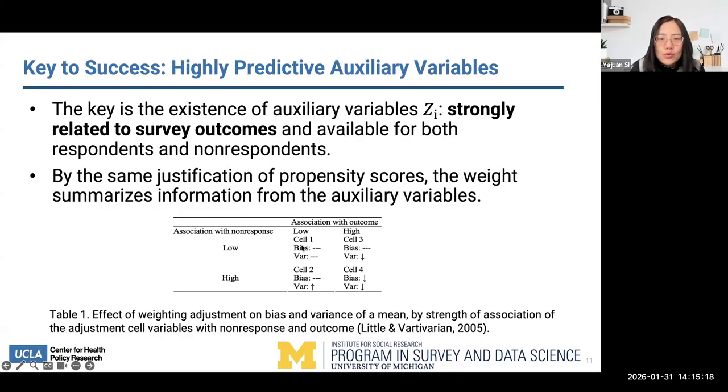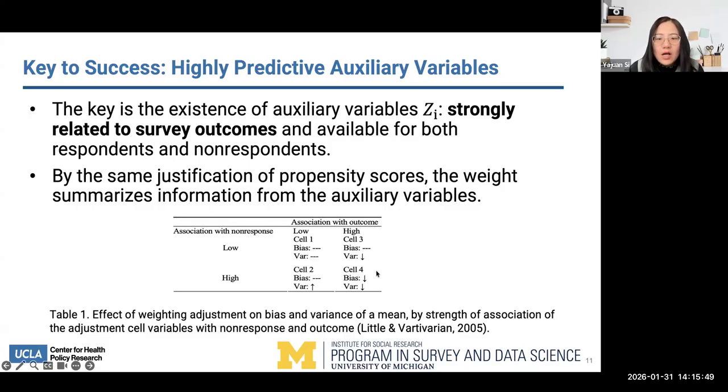Here, we have a 2x2 table showing the effect of weighting adjustment on the bias and the variance of a sample mean estimate for the population mean, by the strength of the correlation of the adjustment variables with non-response and the association with the survey outcome of interest.